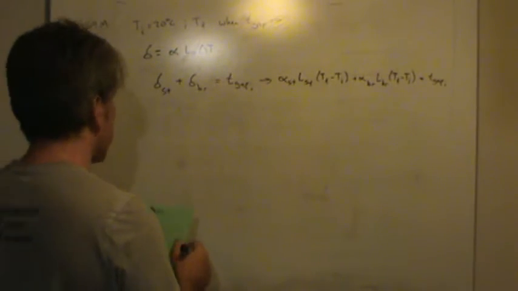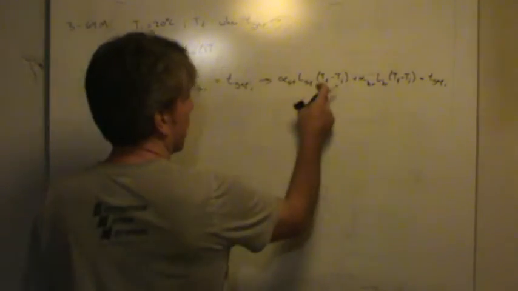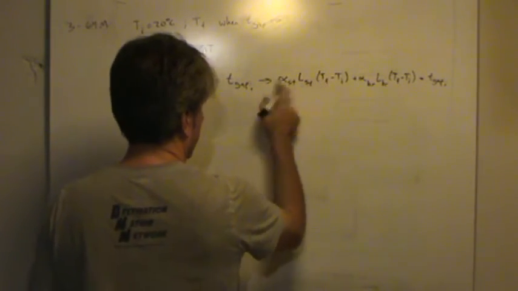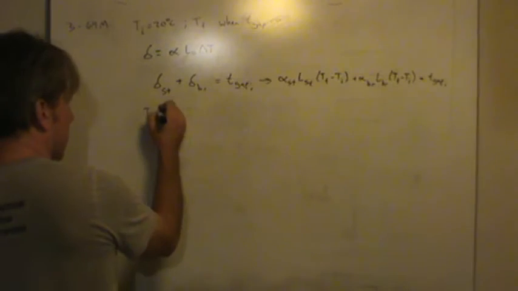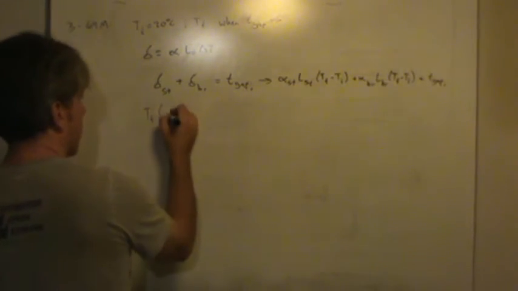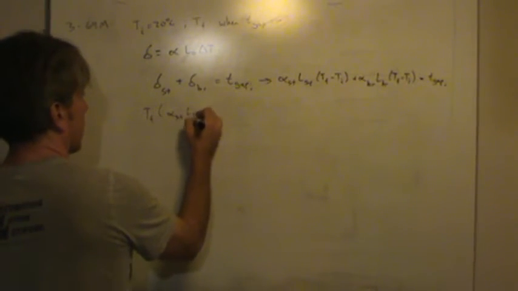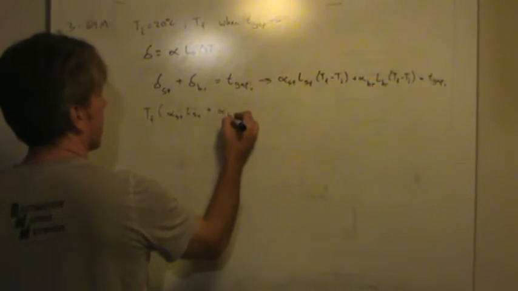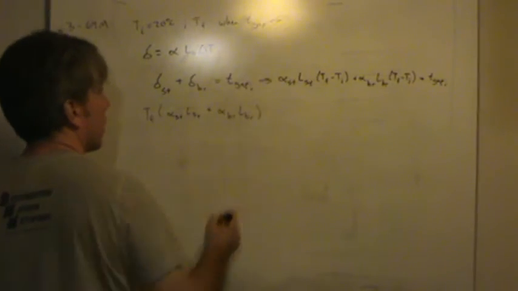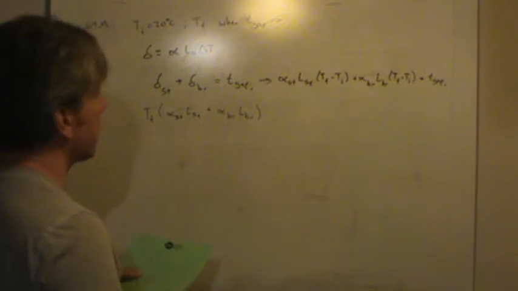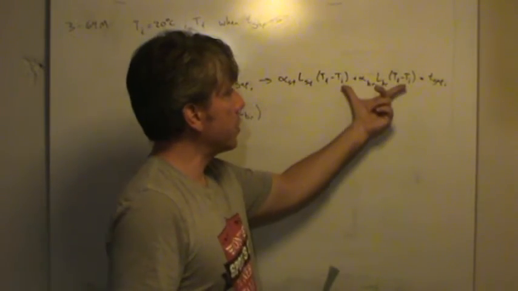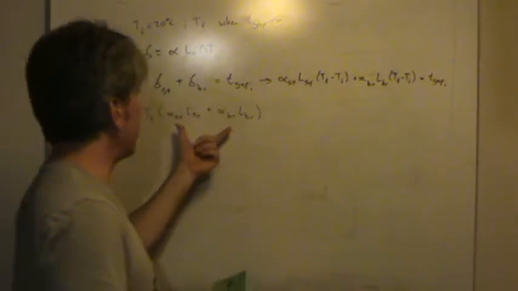Now, with a little bit of algebra, we could pull out the final temperature, because it appears in both these terms. So we'll write final temperature multiplied by this product plus final temperature times this product. That's not all that's on the left-hand side. I could similarly pull out an initial temperature, TI, times the sum of this very same product.